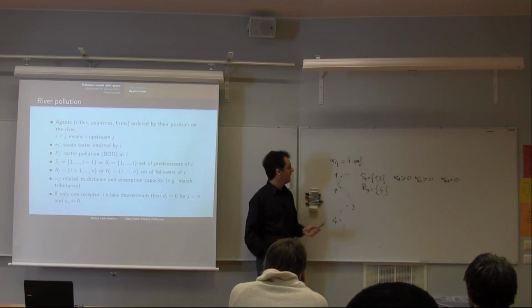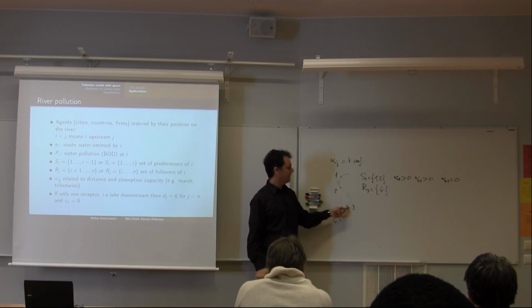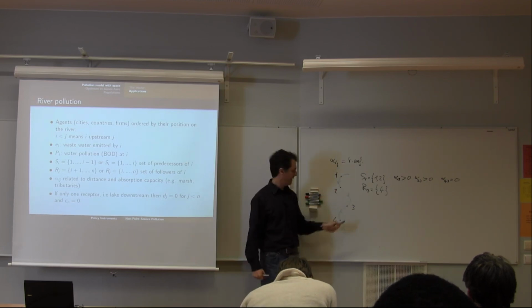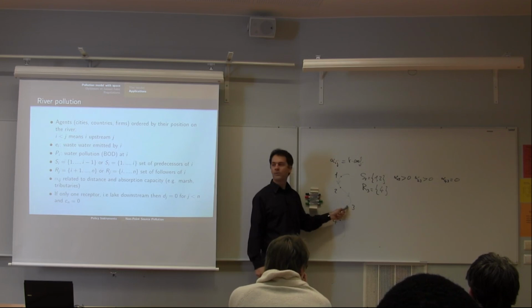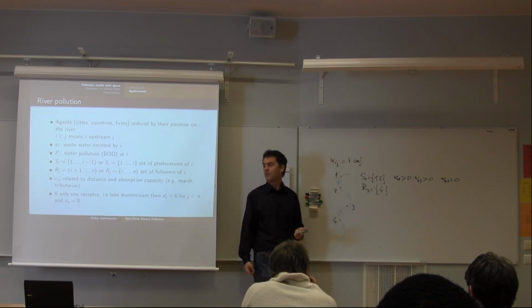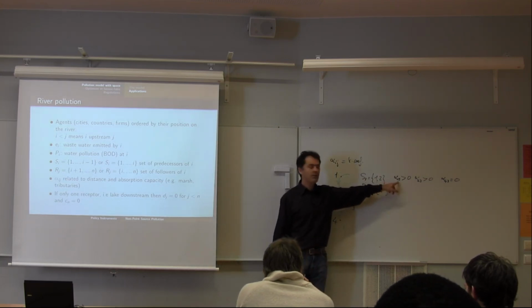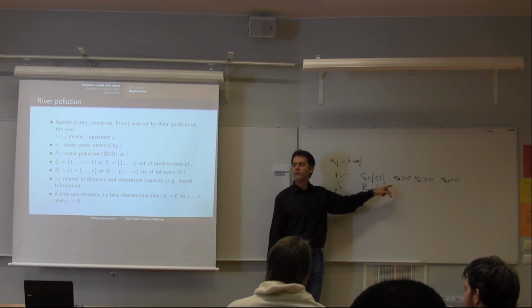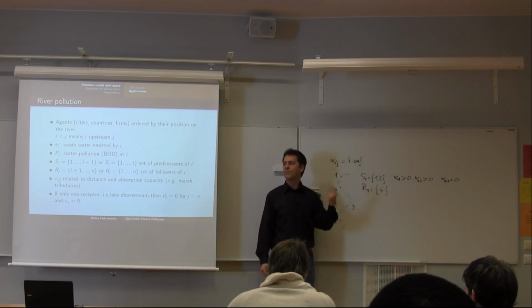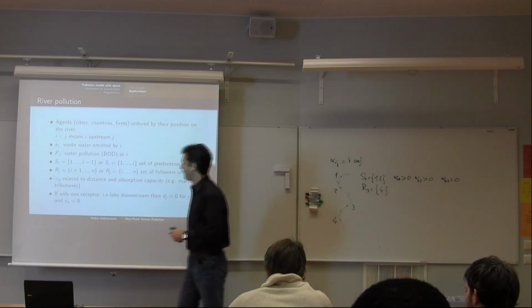Okay, so that is, agents 1 and 2 are impacting agent 3, but agent 4 is not impacting agent 3. This is what I was meaning. So just the sign of the transfer coefficient tells you about those sets: who is impacting who. Okay.